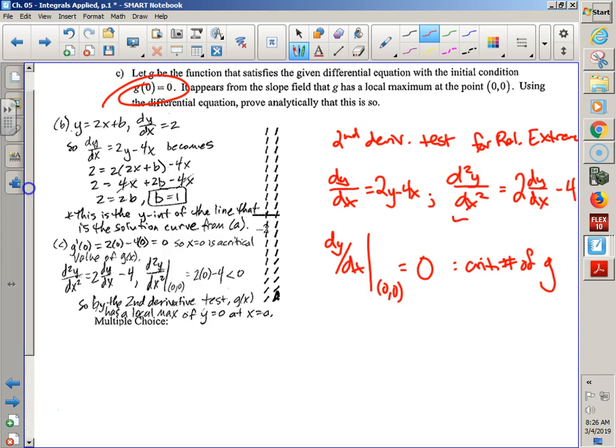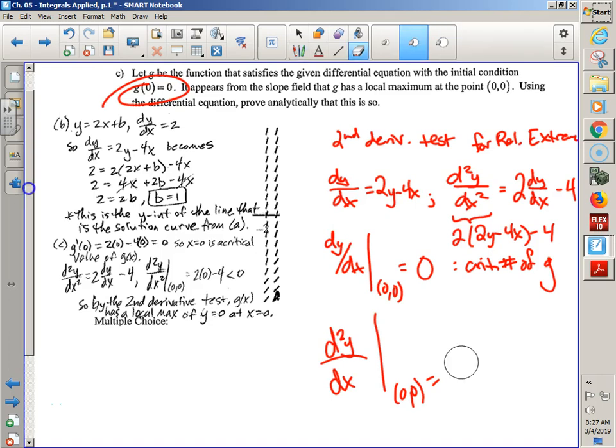So this is the same thing as 2 times (2y minus 4x) minus 4. So what happens if we plug in the point (0, 0), because we need to know its sign for the second derivative test for relative extrema? Wouldn't we get 0 minus 0, times 2 is 0, minus 4, which is less than 0?